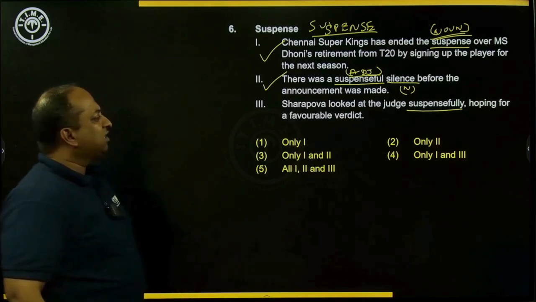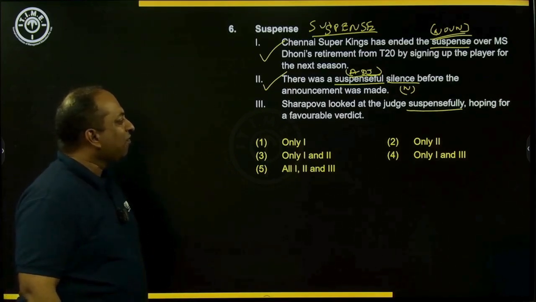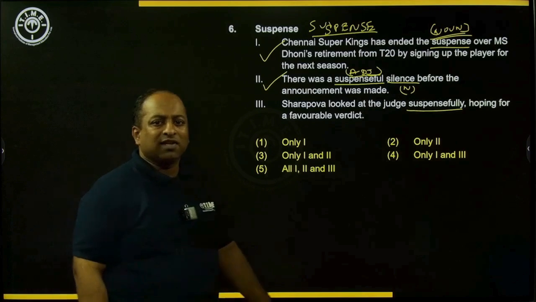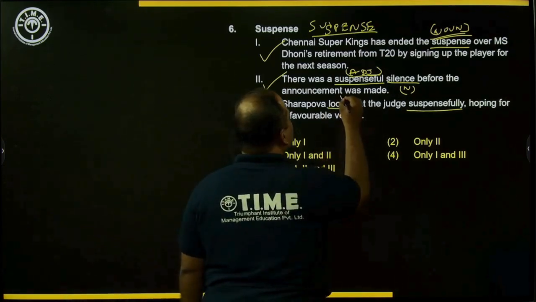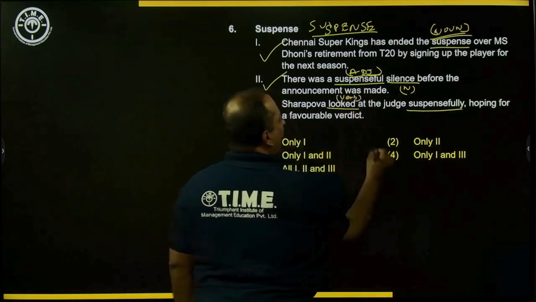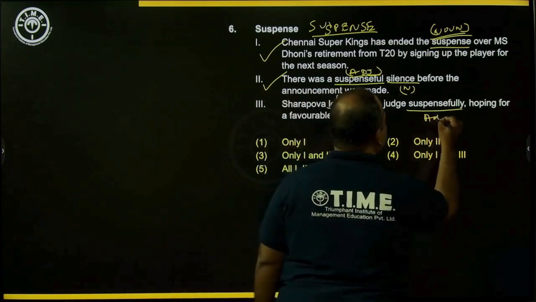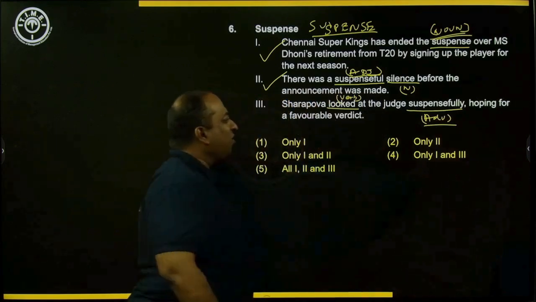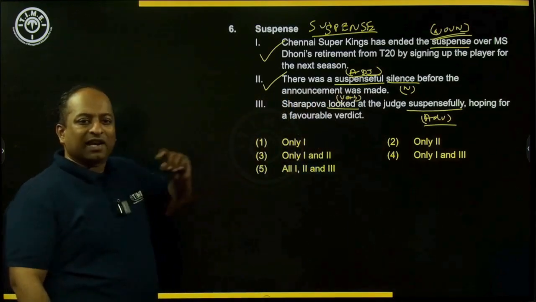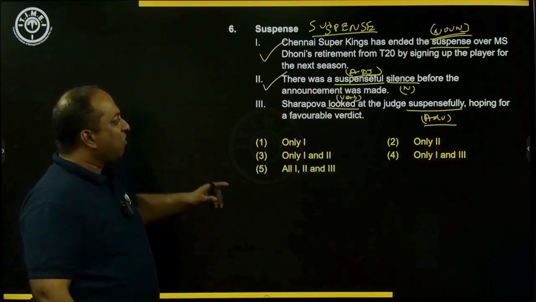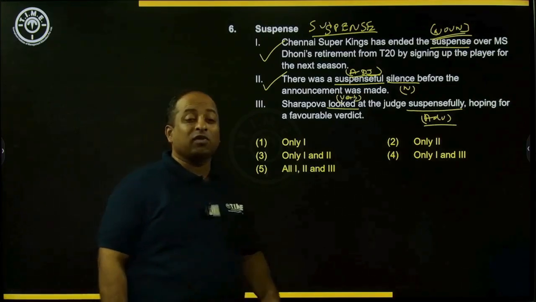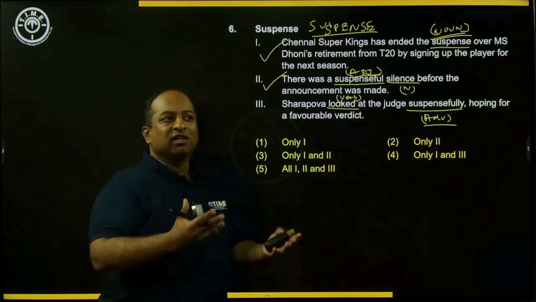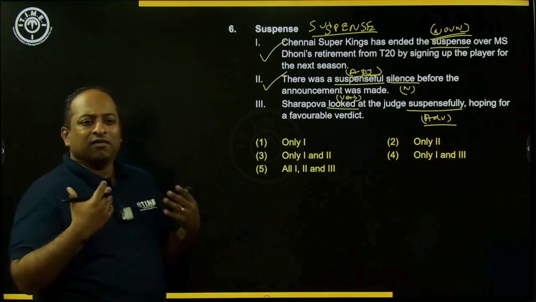Sharapova looked at the judge suspensefully, hoping for a favorable verdict. So it is talking about how she looked at the judge. Looked is a verb and suspensefully is an adverb. So the word is used in the right way grammatically, and the entire statement makes sense, because when you're looking at the judge suspensefully, you're looking with tension.